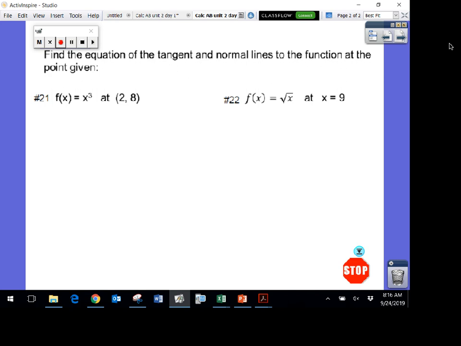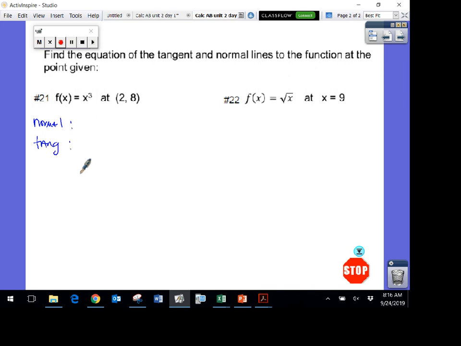All right, find the equation of the tangent line and normal line to the function at the point given. We are given a point on this one. We aren't given a y value, but we can figure it out by plugging in. So we're going to have our normal and we're going to have our tangent.